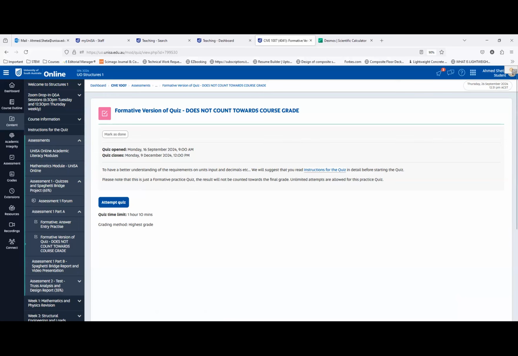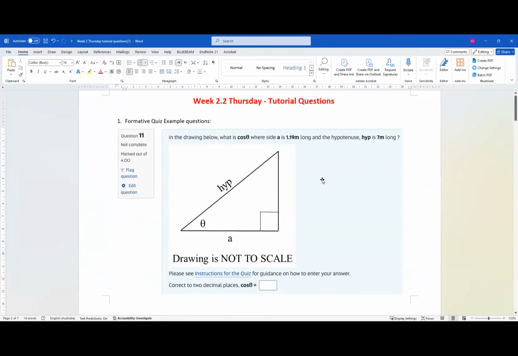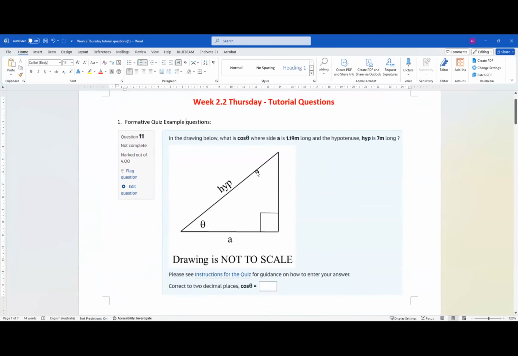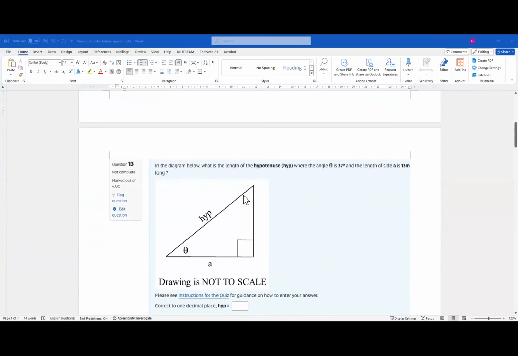Okay, so now I will start going through the tutorial questions we have for Thursday session. As you can see, we have some examples of the formative quiz. Sorry, I hope you can see my screen now. We have some examples of the formative quiz for trigonometry, equilibrium of forces and so on.